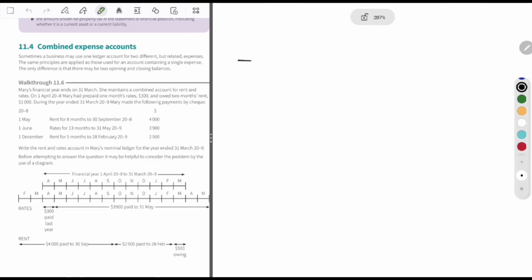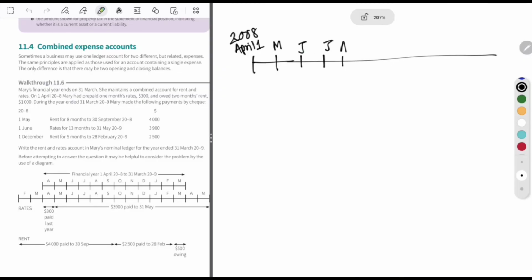Let us write up the financial year once. So say this is 2008, April 1. So this is April, this will be May, this is going to be June, July, thereafter August, September, October, November, December, January, February, and then finally March 2009, March 31st.